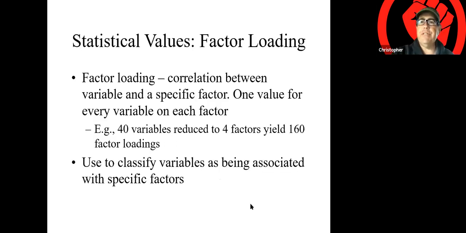All right, a few statistical values that we'll encounter. First one is factor loading. Factor loading is basically a correlation between each of the variables. So if you've got a 40-item scale, it would be the correlation between each variable individually and a specific factor. So we're going to have one value for every variable on the factor.